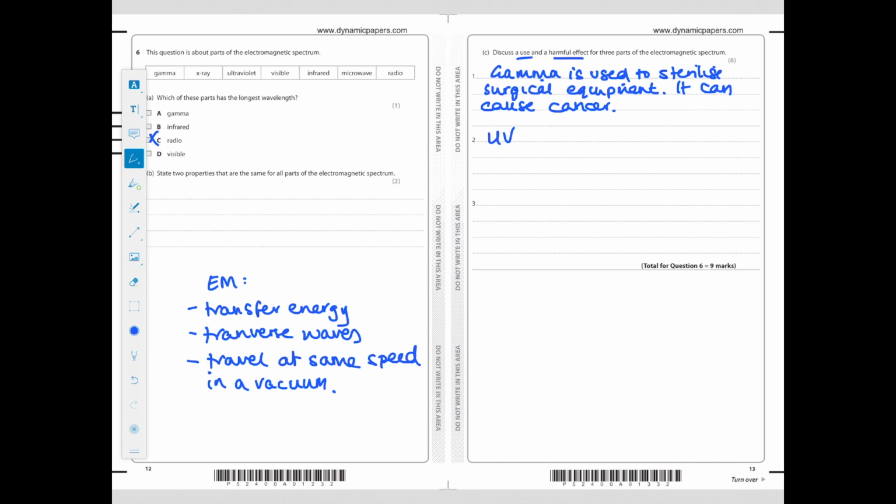Moving on to UV. UV is used in tanning beds, so to make your skin brown. And as such, it can obviously not just cause your skin to become brown, but if you use them inappropriately, it can give you skin cancer.